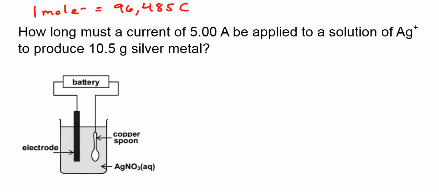It's this many coulombs. The other thing you need to know is that 1 coulomb equals an amp over 1 second. Or another way to think of it is amps equals coulombs per second. Okay, so by utilizing that, we can convert some really important kinds of pieces of information.